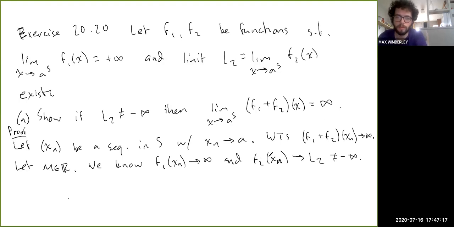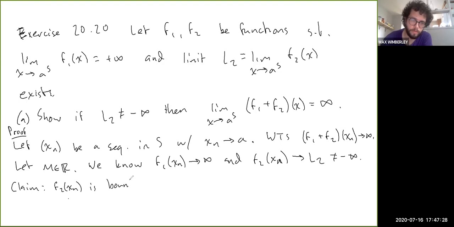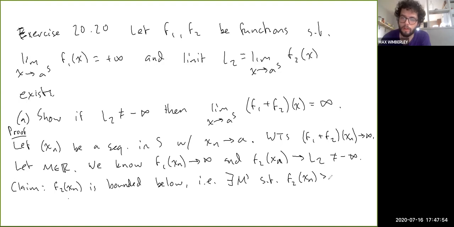So what we can say is that f2 of xn is bounded below, i.e., there exists some, let's call it m prime, such that f2 of xn is greater than or equal to m prime for all n. Okay?